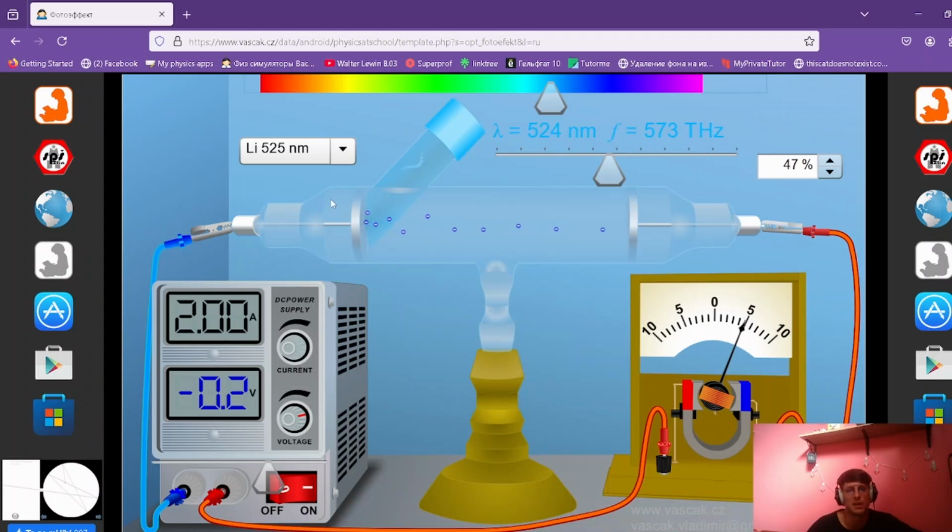So if it's minus here and plus here, the electric field accelerates these electrons. And if they had no kinetic energy at all in the beginning, now they have some, and this amount of kinetic energy that they have when they reach another plate is equal to the work of the electric field between these plates. This is how it works.